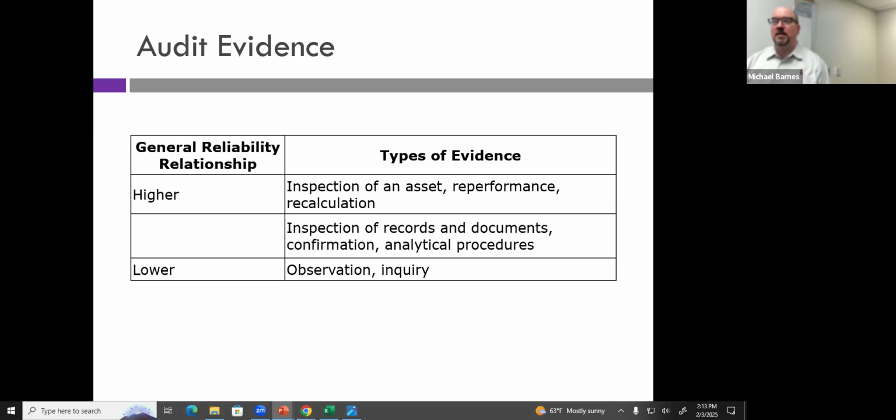I hesitate to say this because I never want to give Becker credit, but if you study for Becker, they say you know it. So as a refresher: A, auditor generated; E, external; I, internal; O, oral, which is observation and inquiry. That's the continuum of audit evidence, and the way to think about the reliability spectrum.